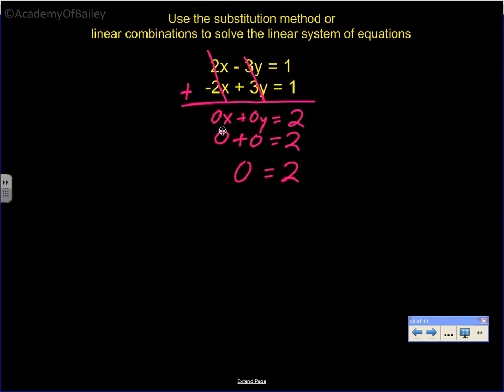What can we do here? 0 is not equal to 2. So you put that little line there saying it is not equal to 2.